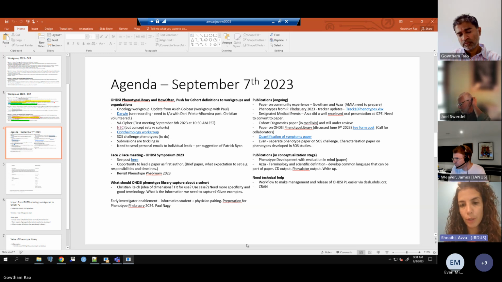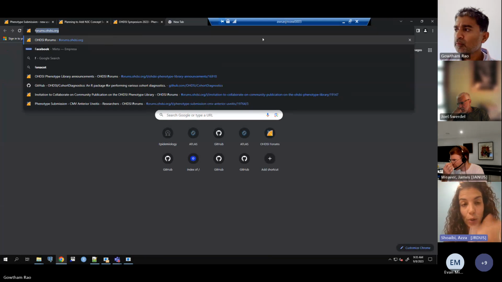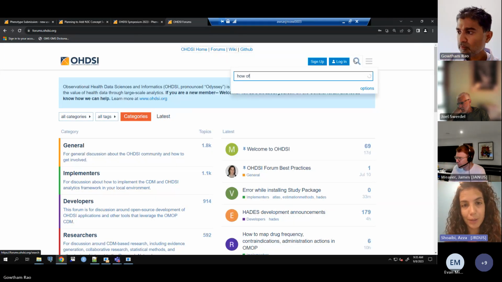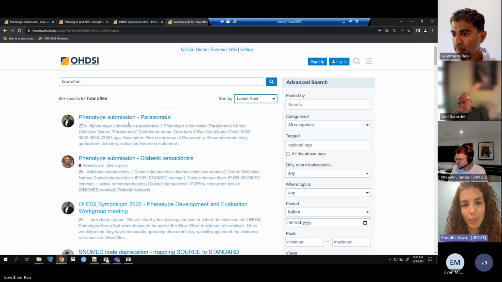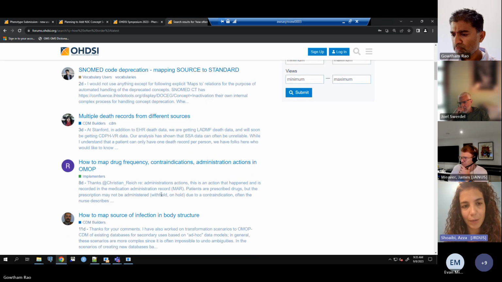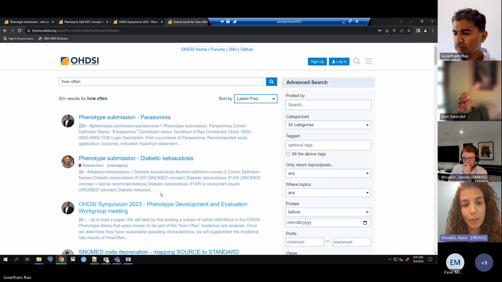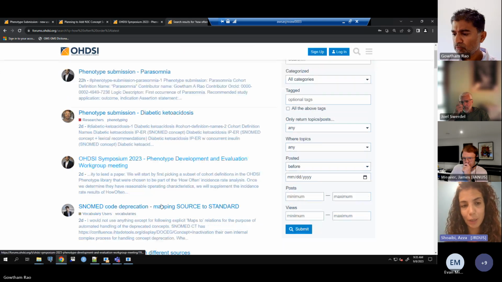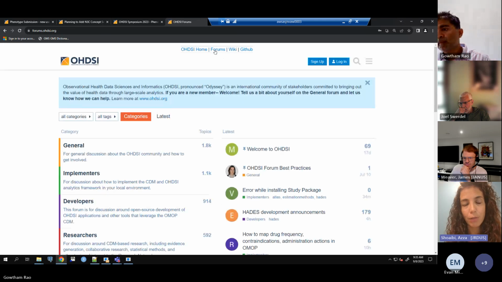You need to post on the forum; I believe George put a big forum post about the protocol and attached it. So if you do not add a T and an O, and that's what your phenotypes are for, so if you say we want to estimate the incidence of something in the target population, you will need to put that in the forum. Otherwise, your clinical question, which your phenotypes represent, won't be in the protocol, and it needs to be in the protocol so different institutions can get it approved.